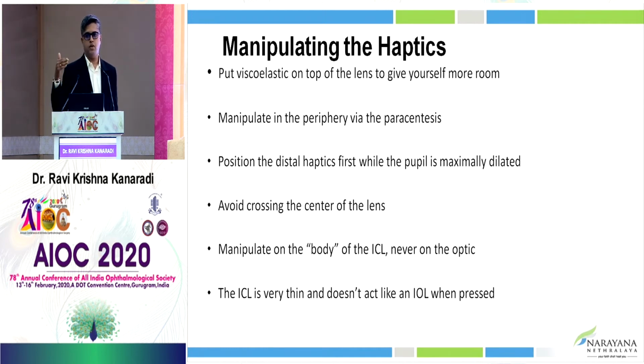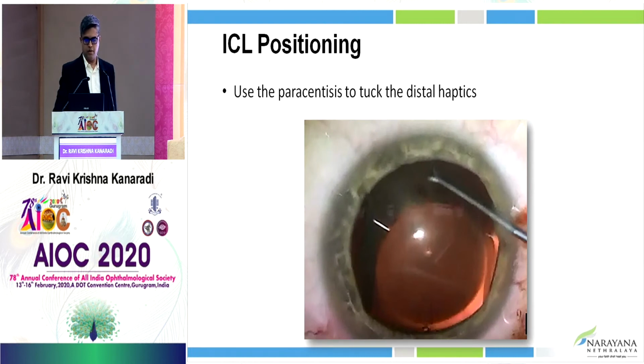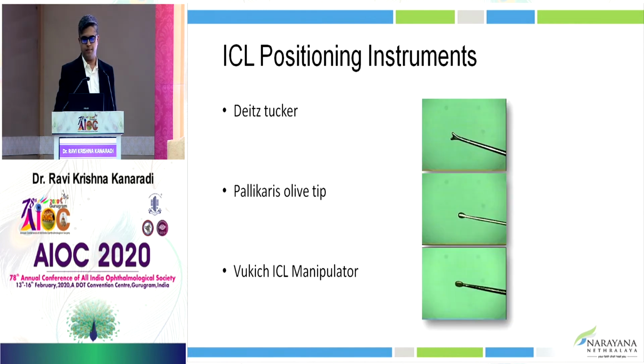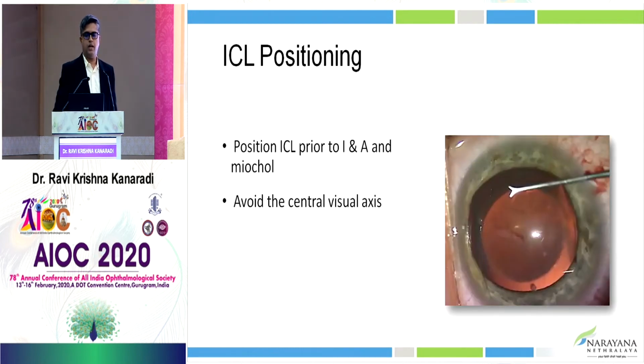For example, if you are on the right side and you want to do something on the left side, it is better to go from the left side port rather than the right side port. You are not supposed to cross the pupil with the manipulator. So these are all the ICL positioning instruments. Once you position the ICL, if it is a toric one, you are supposed to rotate the ICL depending on the axis provided, usually plus or minus 22 degrees from 0.